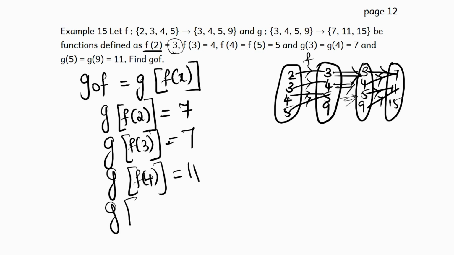So g∘f(4) is 11. For g∘f(5), 5 is mapped to 5, and this 5 is mapped again to 11. So the result is 11.